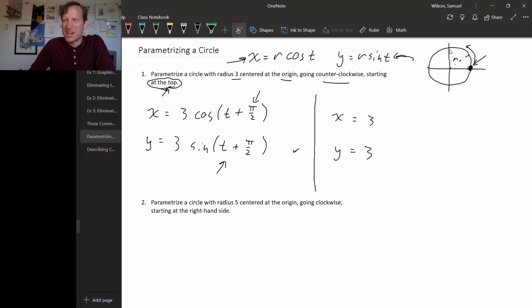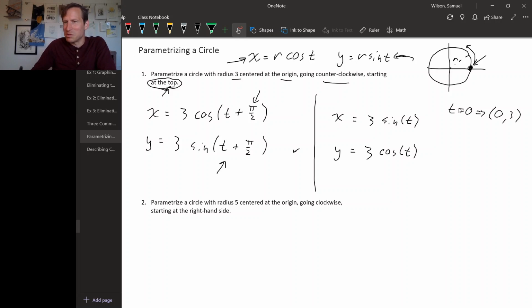So we just want to interchange which one starts big and which one starts at 0. So I guess that means we could just interchange sine and cosine. We could use 3 sine t for x and 3 cosine t for y. Now, when t is 0, sine of 0 is 0, so we get 0, and cosine of 0 is 1, so we get 3. So this almost works.